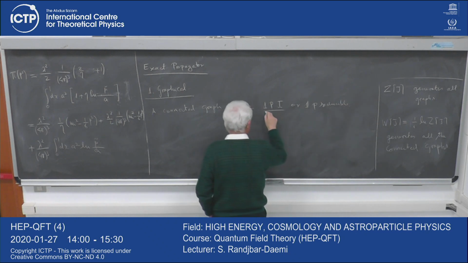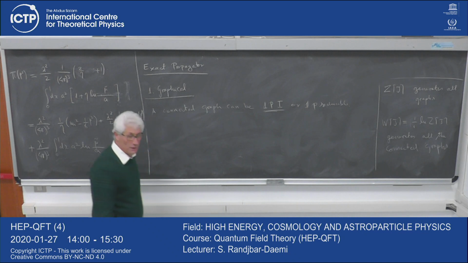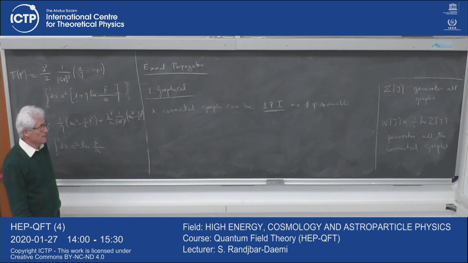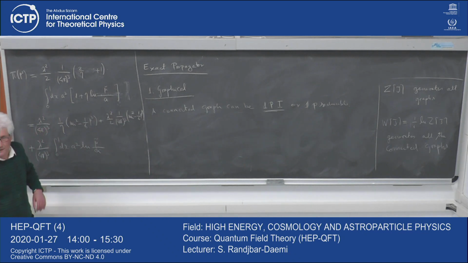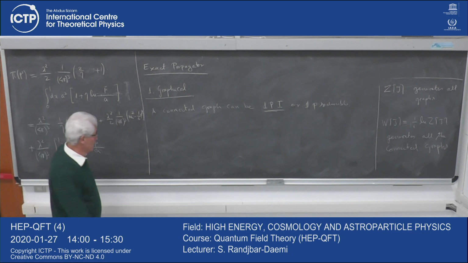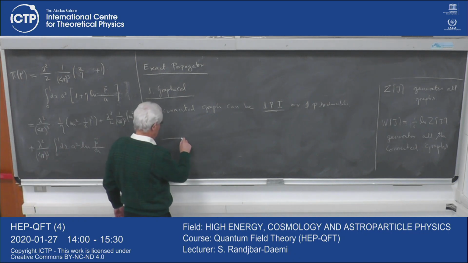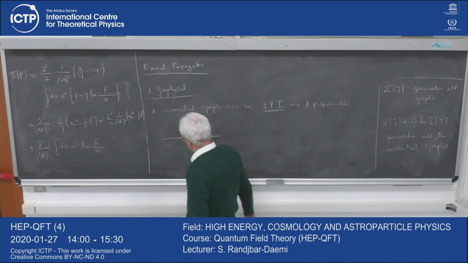We would like to stick with these ones, one particle irreducible graphs. But that's not it. We can simplify them further. So let's go to the graph which we are examining. This is a one particle irreducible graph.